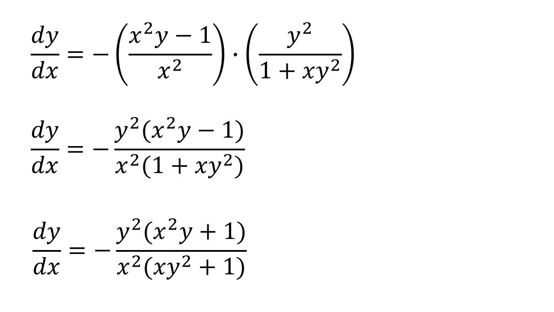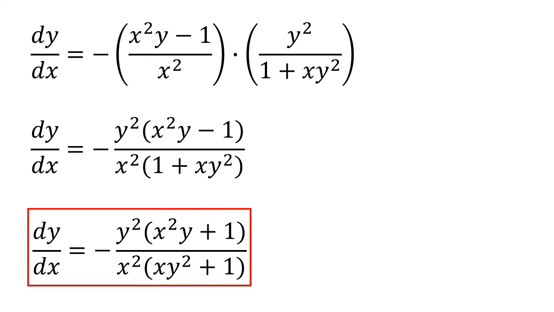So this will be dy over dx equals negative y squared times x squared y plus 1 all over x squared times xy squared plus 1. So this is our final answer. But actually, this is already an acceptable final answer. I like it better this way.